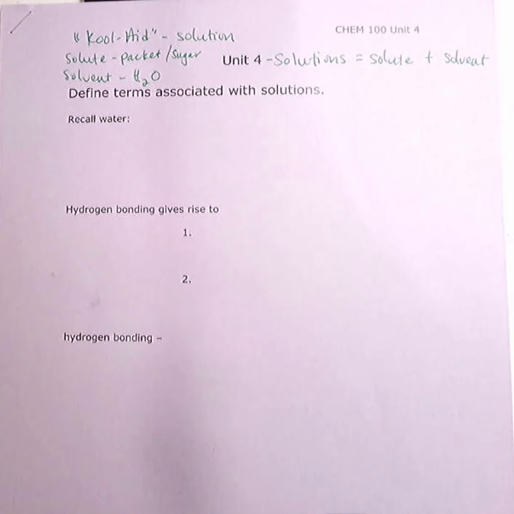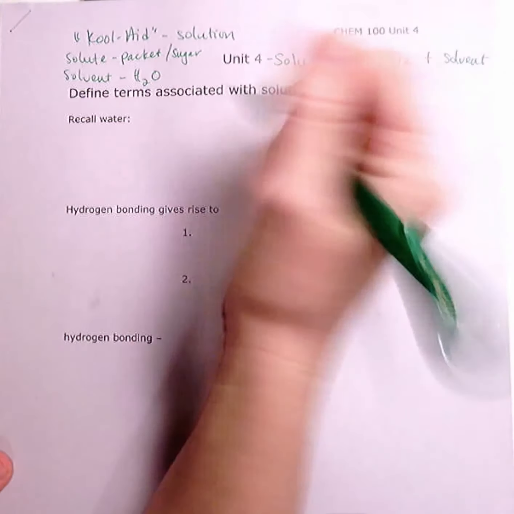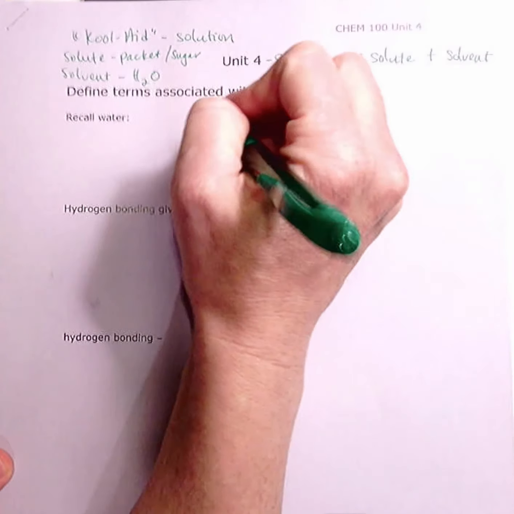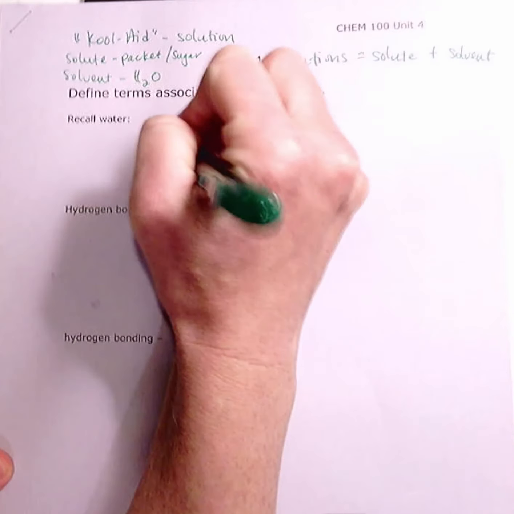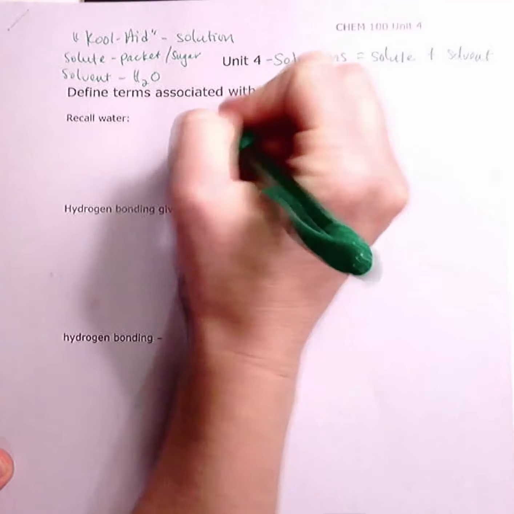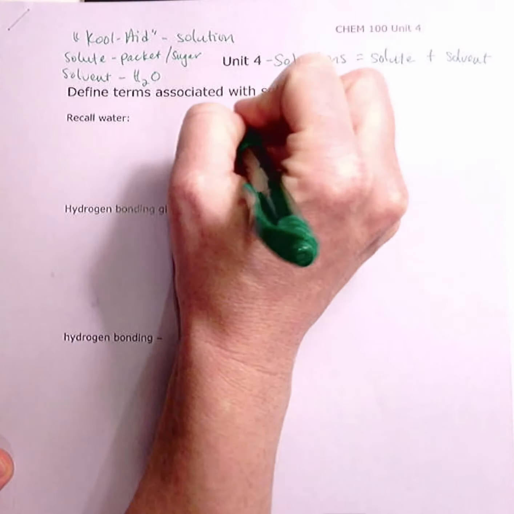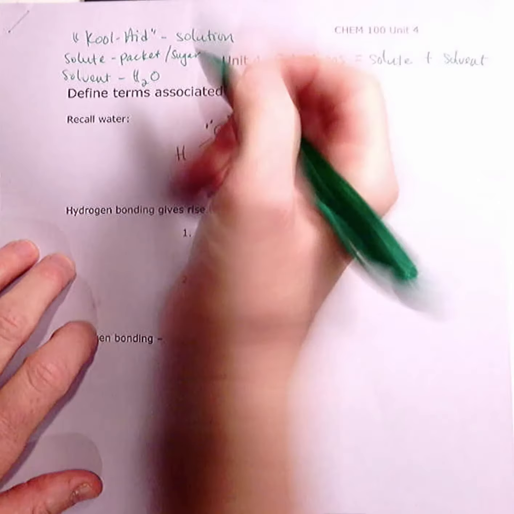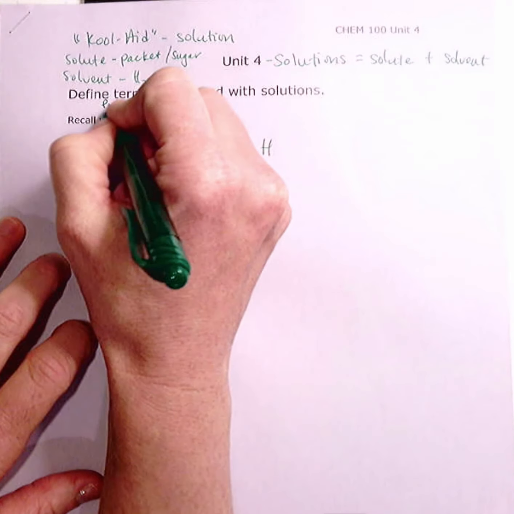Okay, so let's talk about water. So remember, water is H2O, and the Lewis structure for water looks like so. Remember that water is polar.